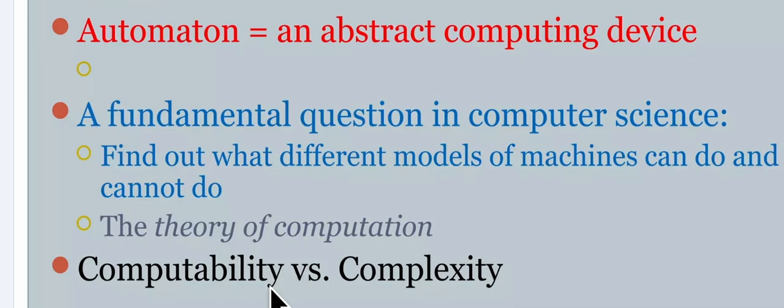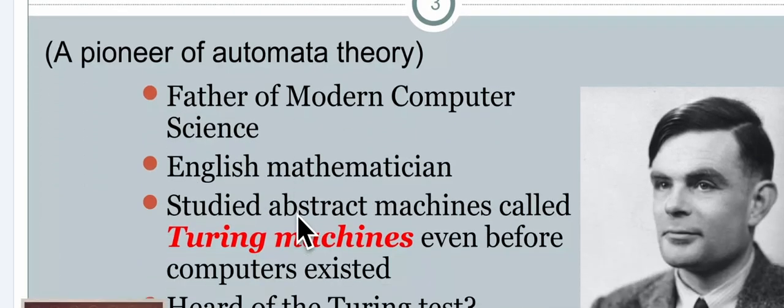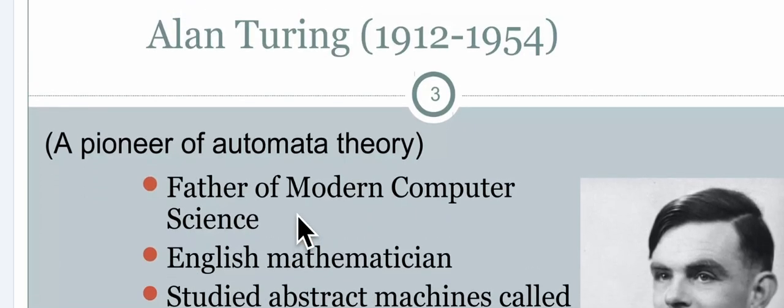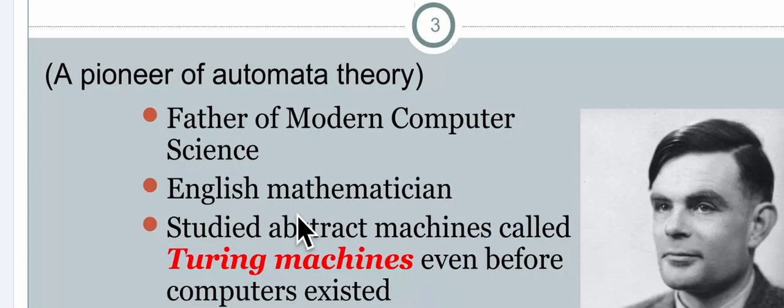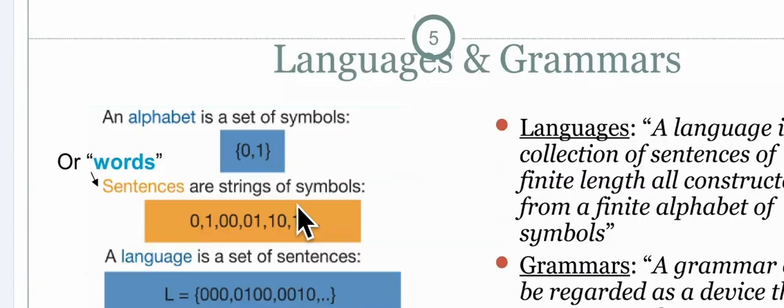A fundamental question in computer science is to find out what different models of machines can and cannot do. Alan Turing, the father of modern computer science, an English mathematician, studied the abstract machine called the Turing machine even before computers existed.